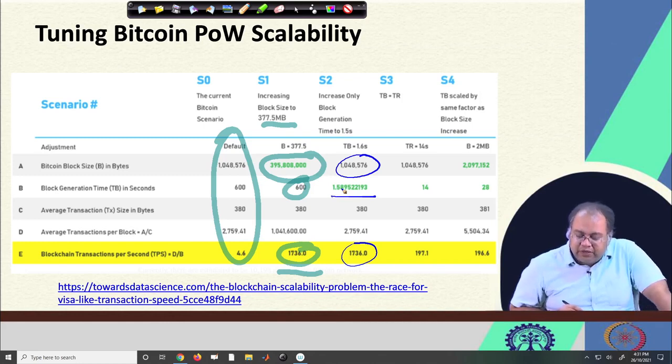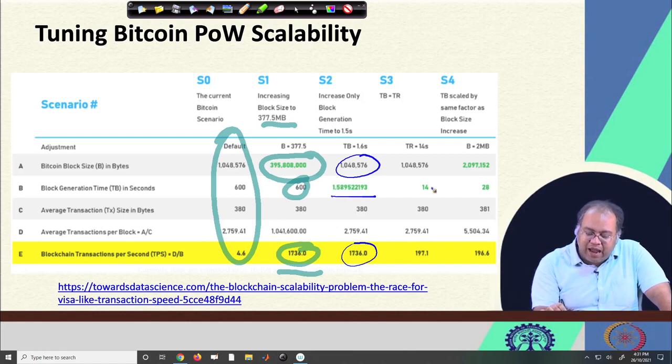Now, what we do is, let us try to make it something like 14 seconds. So I am making the block generation time 14 seconds, sorry, not the transaction throughput, the block generation time. When I make the block generation time 14 seconds, I keep my block size as 1 MB.